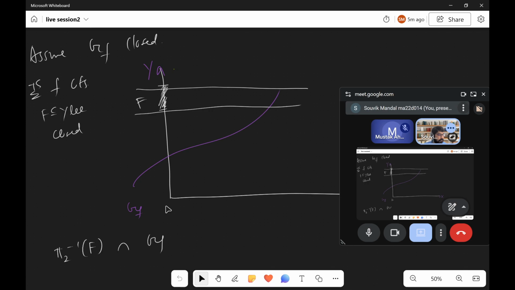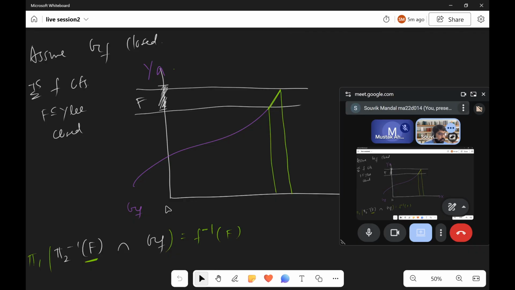Intersect with the graph of f, so it will give this line only, and take pi 1 of this, there will be this one. So this is nothing but f inverse of F, correct?